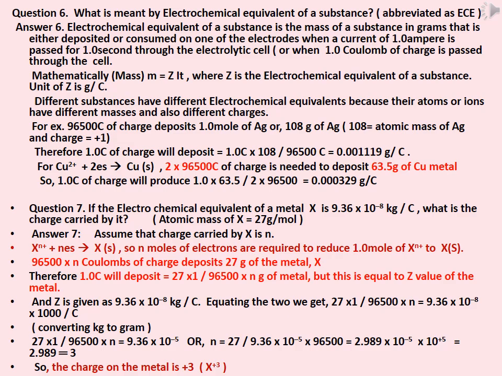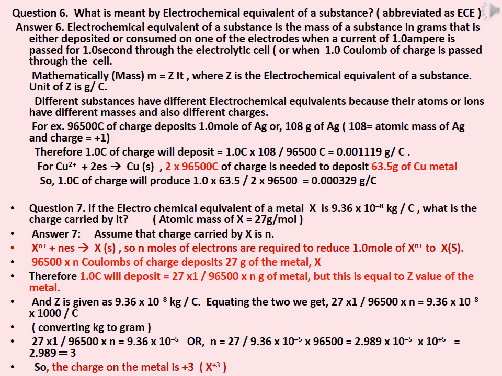What are the characteristic features of Z? Different substances have different electrochemical equivalents. Why? Because the atoms or ions which are deposited on either of the electrodes have different atomic masses.